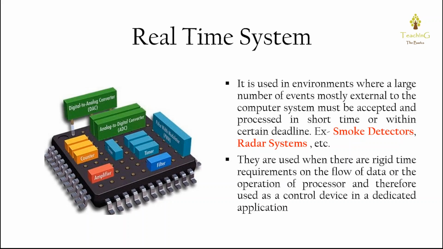And the next one is that they are used when there are rigid time requirements on the flow of data or the operations of processes, and are therefore used as a control device in a dedicated application. So it is an operation-specific operating system. It can also be considered a special purpose system. So this is what a real-time system is.